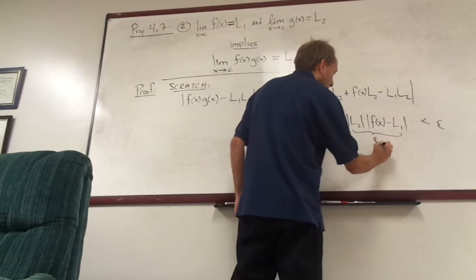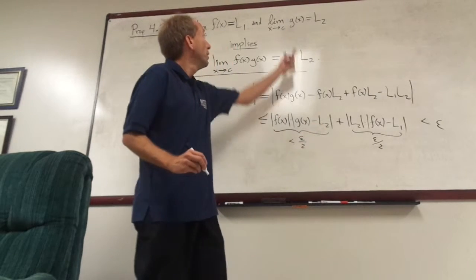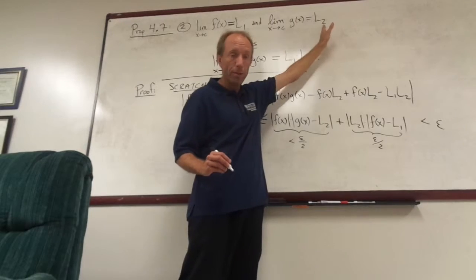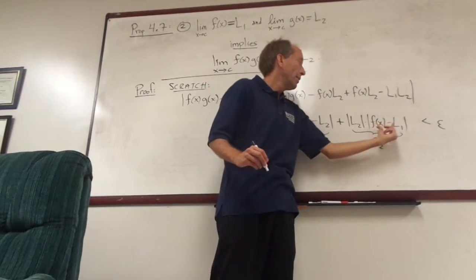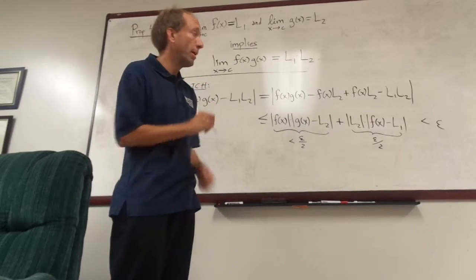Now, I can make g of x minus L2 as small as I want, because the limit of g of x is equal to L2. And I can make the absolute value of f of x minus L1 as small as I want, right?